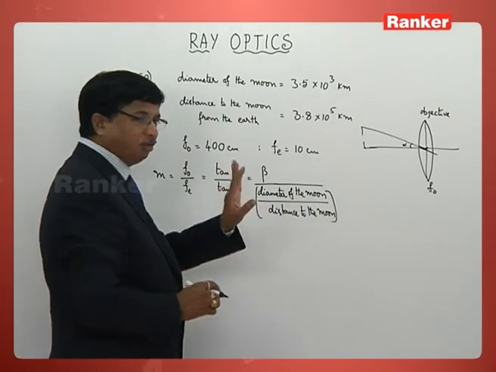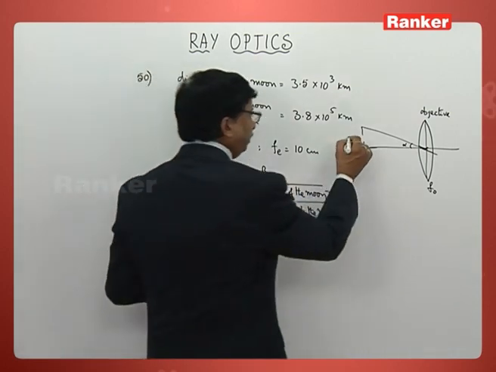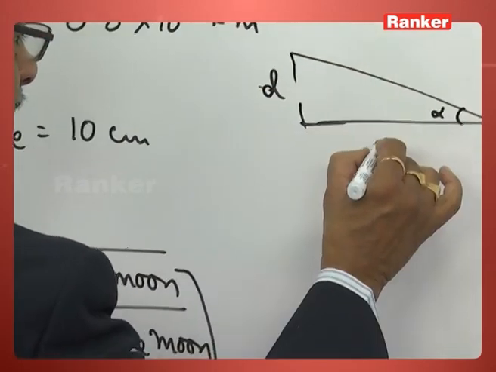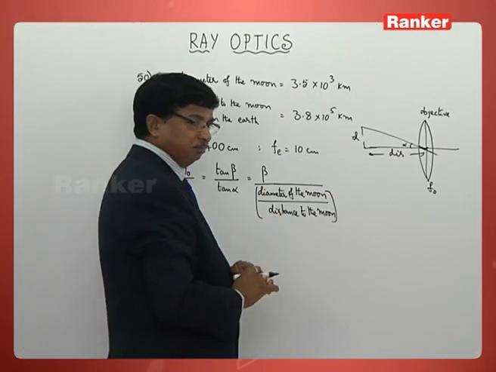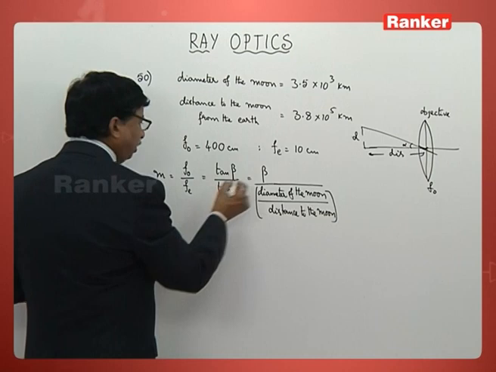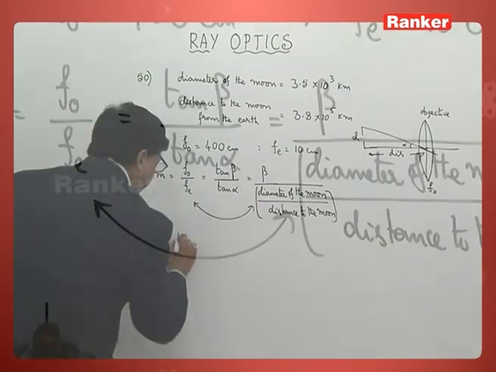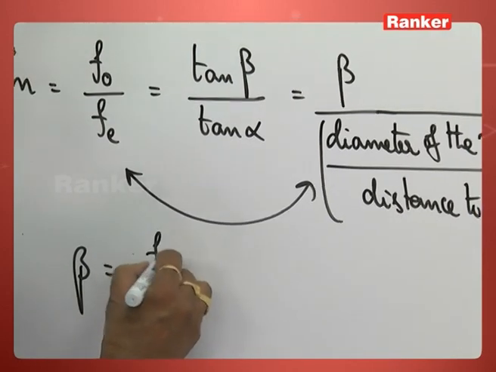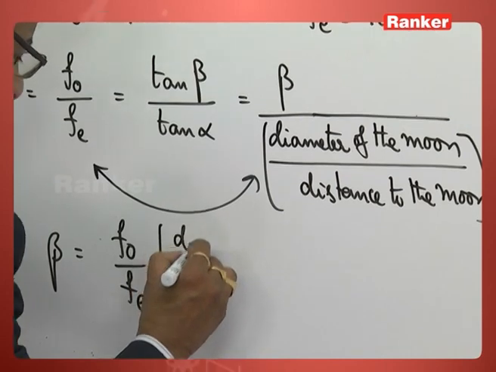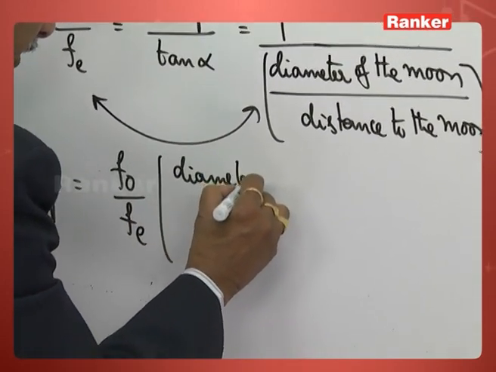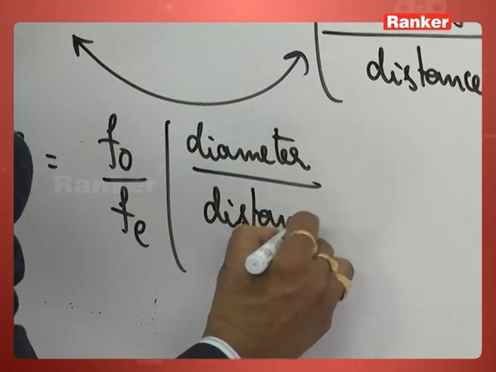Tan alpha is nothing other than the diameter of the moon by the distance to the moon, and now I want the value of beta. Equate these two. Then beta is equal to FO by FE into diameter divided by distance.